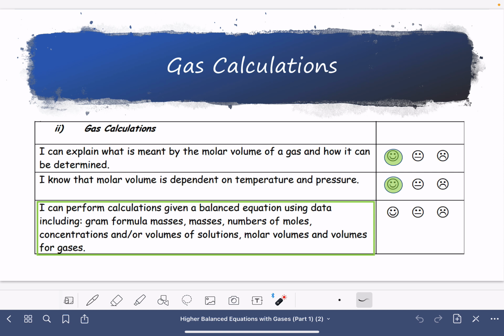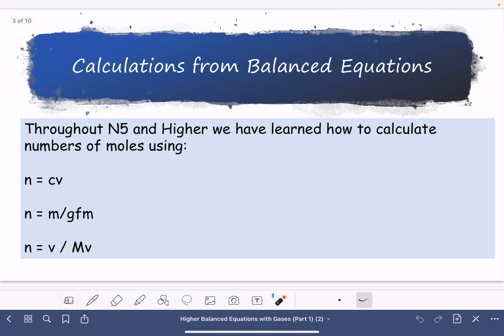Okay, so the next two slides are for writing down in our notes jotter. Throughout National 5 and Higher, we have learned how to calculate number of moles using these relationships. So number of moles is concentration times the volume, and we sometimes put that in this kind of triangle relationship. That just shows us how to manipulate it.